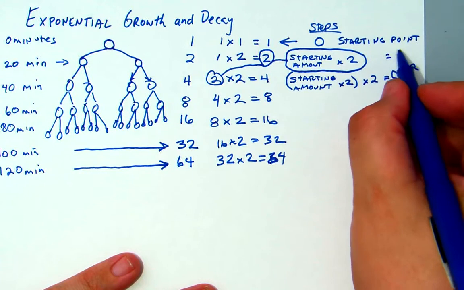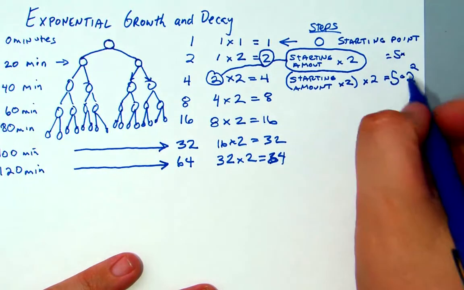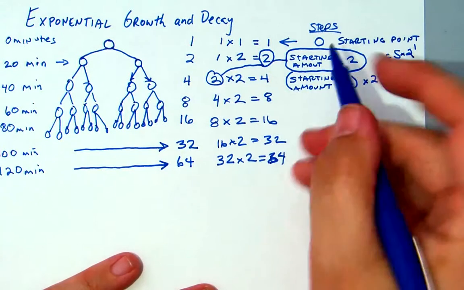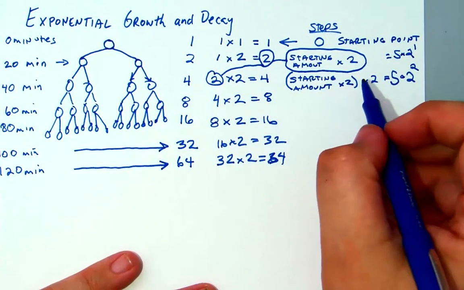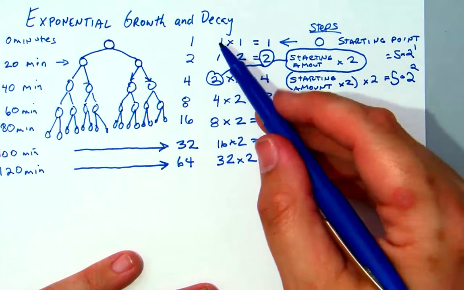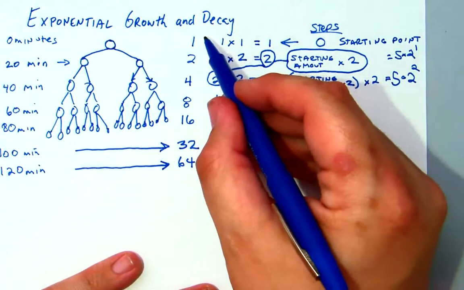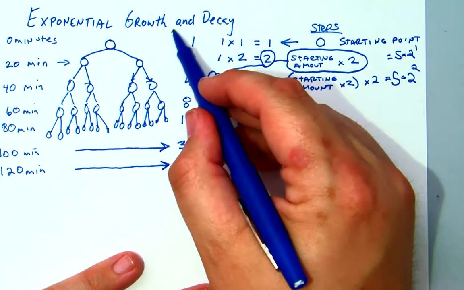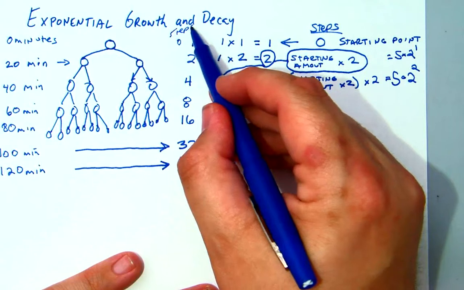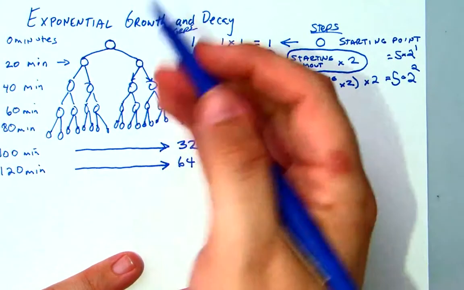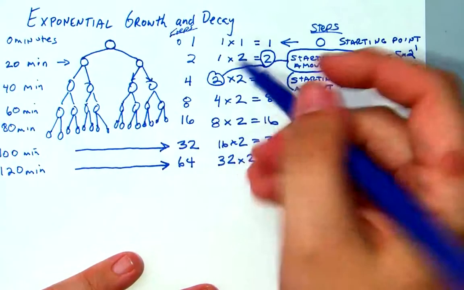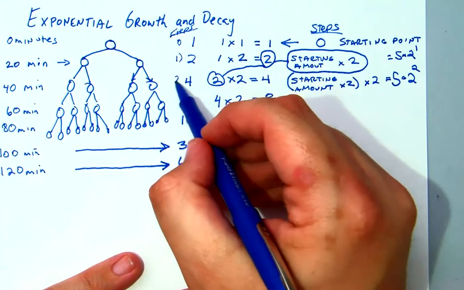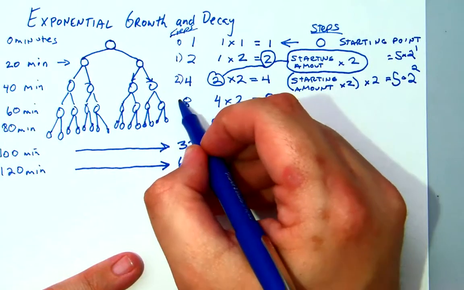Up here it was the starting amount times 2 to the first power. Now, I'll say that was step 0. So this is step 0. I'll put my steps over here. And every time we go through a division, every 20 minutes, if the cell is dividing, that's a new step. So that's step 1. That's step 2. That's step 3.